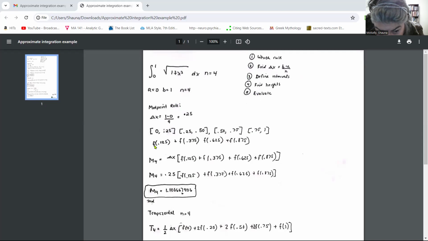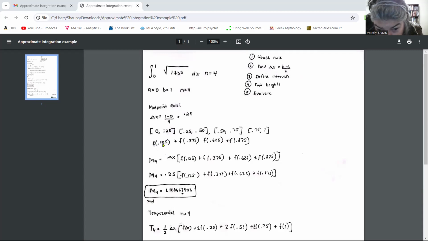The heights are f of, now, notice here, where did I get this f of 0.125 from? Well, the middle of 0 and 0.25, this is the middle of 0 and 1/4. The middle of that is 1/8. And so 1/8 as a decimal is 0.125.